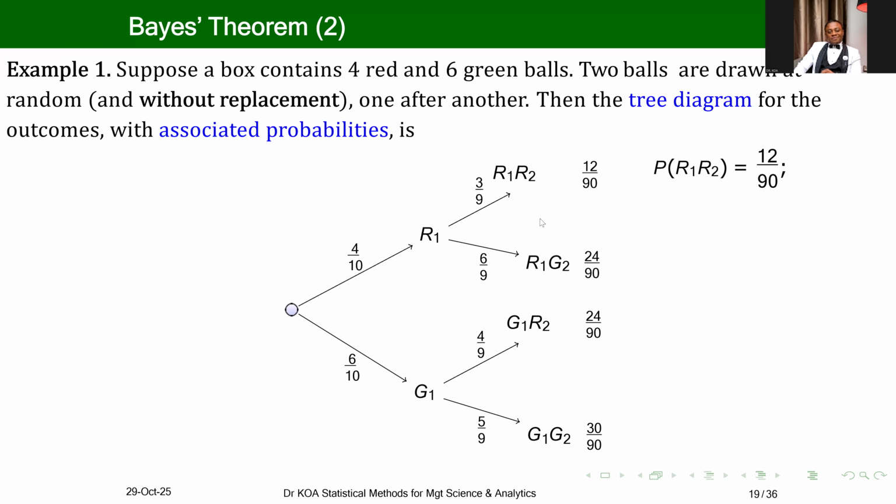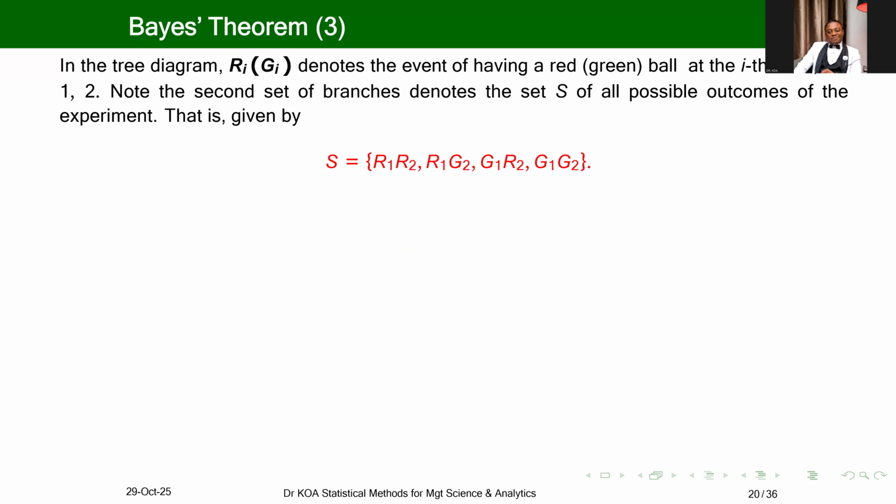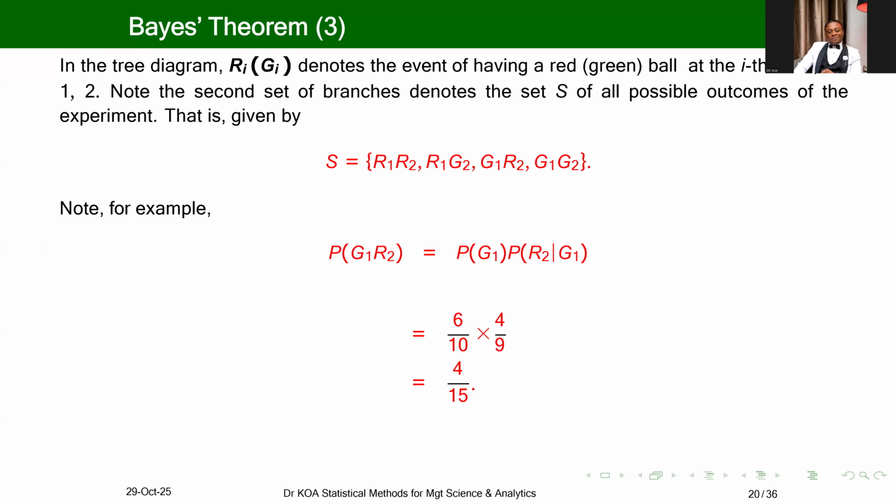I'll just show you here. The ending values that you are seeing here, each of those ending values were coming from these multiplications. So on the basis of that, we can now find the probability of G1 R2 to be the multiplication of G1 and the conditional probability of R2 given G1. Now, we know this element, which is 6 over 10. We also know this one. So now we can get this answer, which is 4 over 15, which now I'm canceling.